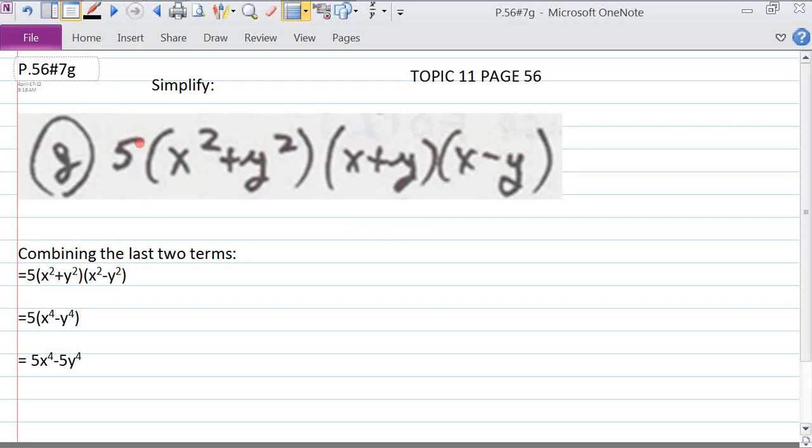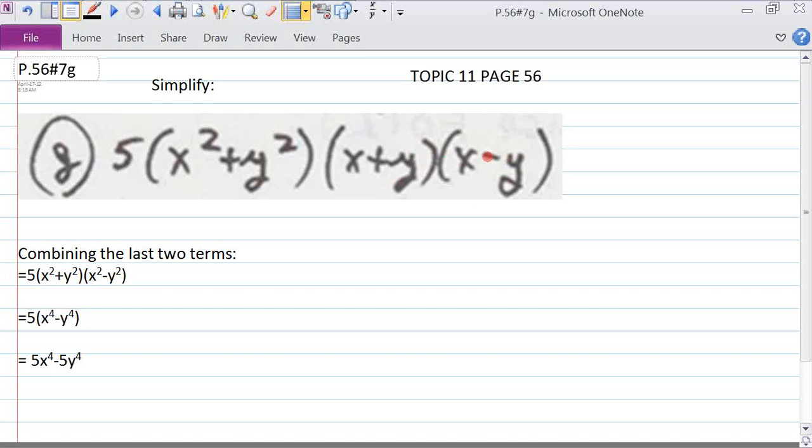Okay, now in this problem I'm multiplying 3 brackets or terms which contain x squared plus y squared, x plus y, and x minus y. Now I can multiply. I know this will multiply quite easily because when I use the FOIL, the inner and the outer cancel.